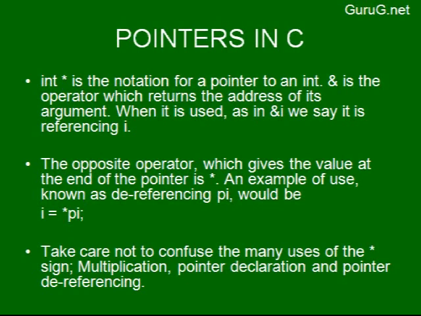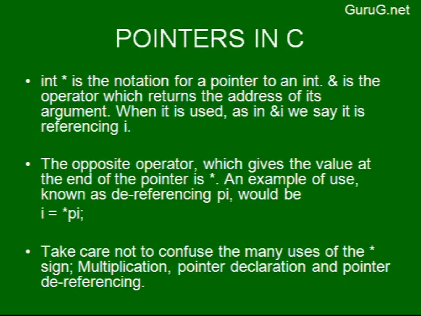The opposite operator, which gives the value, is the asterisk symbol. Example, i is equal to *p. So pi is the variable which is pointing to the variable i. If you want to have the value, then you need to give *pi.